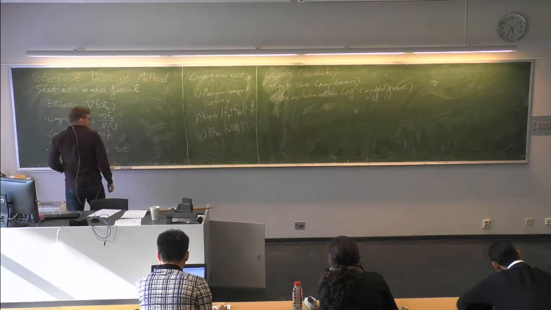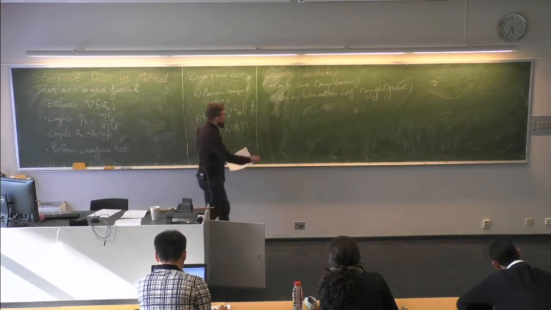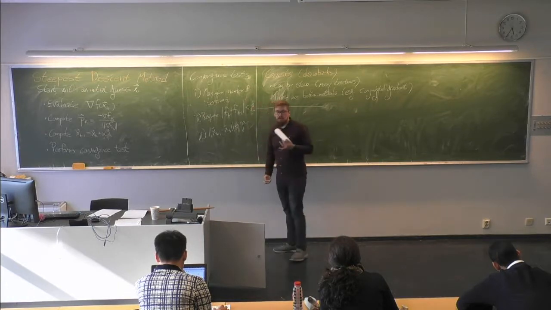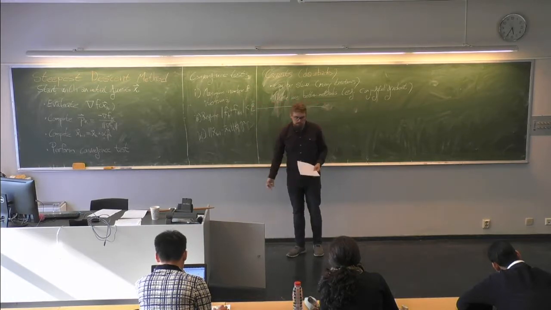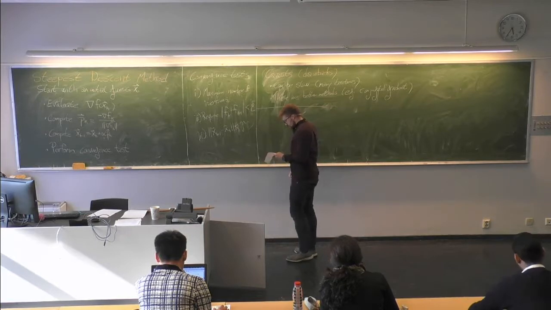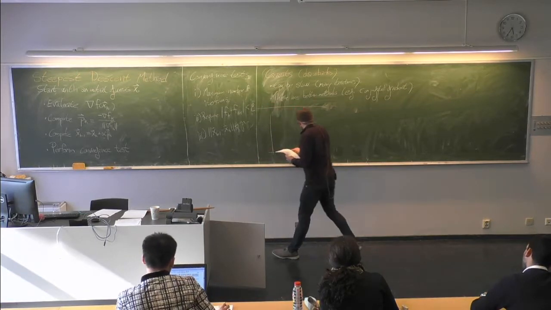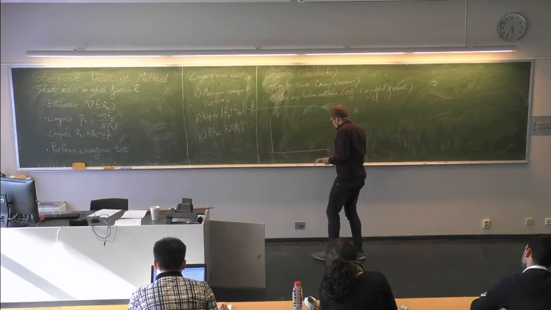And also, since we're searching a line here, we also have the problem of, are we in a local minimum or are we in a global minimum? What's the difference?